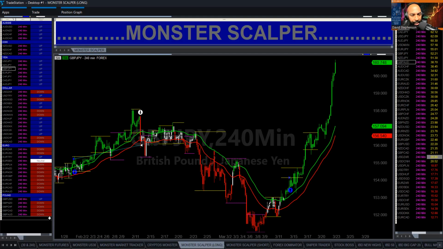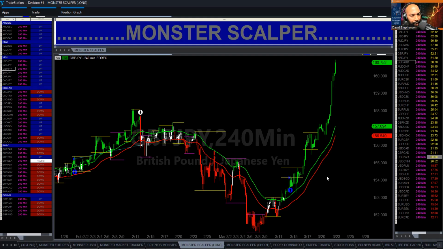As far as the pairs, we don't need to know the base currency. As an example right here, we've got the pound yen, and this is in dollars.